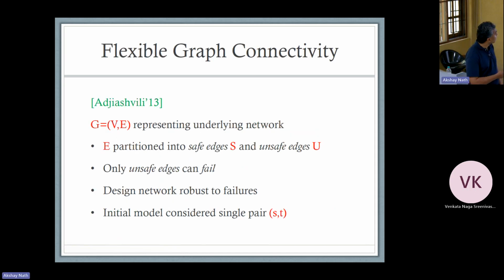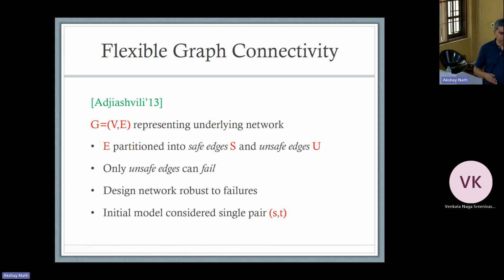Okay. So what is this first model? This first model is a slight twist on the standard model, right? So I have a graph, but now I have 2 classes of edges, what are called safe edges and unsafe edges. Okay. So the safe edges, think of them as green edges, and unsafe edges as red edges. So the model here is that only unsafe edges can fail.